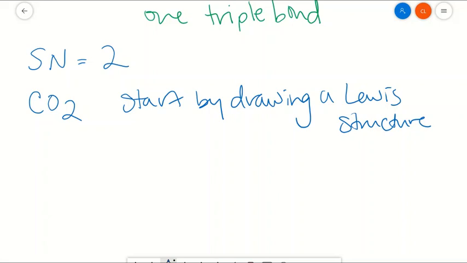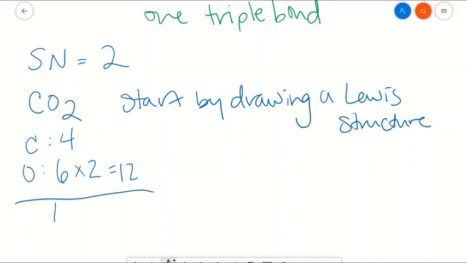So we do that the same way as we've been doing. So you take carbon and see how many valence electrons you have, and it's 4. Oxygen has 6, and we have 2 of them. So a total of 16 valence electrons, and we have already drawn carbon dioxide. So I'm going to go ahead and just draw our Lewis structure that we've done before.